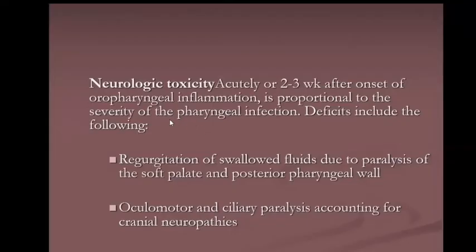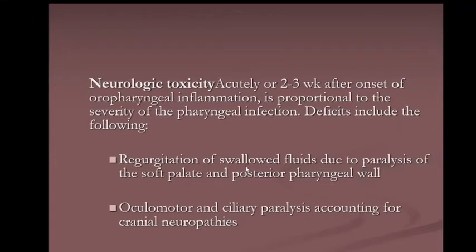So next, complications. Most importantly respiratory complications, then cardiovascular complications. Then in the later weeks, in the second or third week after the oropharyngeal inflammation and these symptoms subside, the patient can have neurological symptoms.